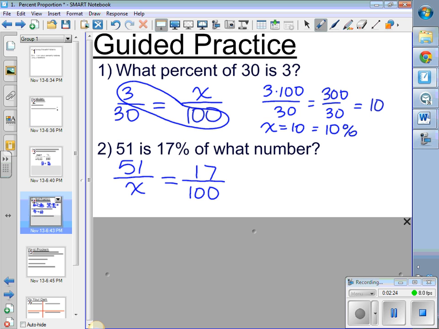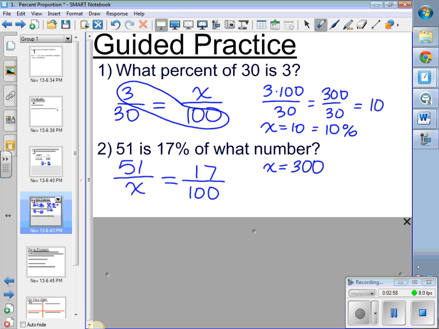Some of you may recognize that 17 is a factor of 51, but if you don't, then you just do 51 times 100 divided by 17, and you get 300. So x is equal to 300. That's our whole.